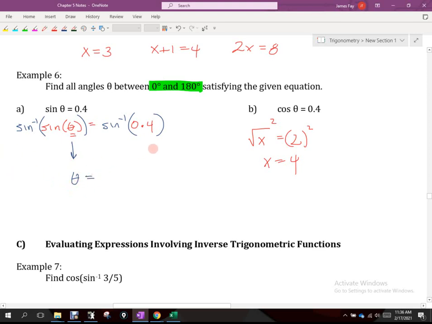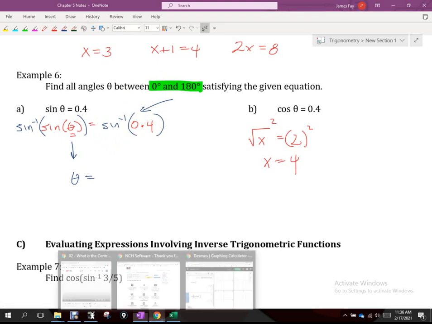Now, on the right-hand side, generally, if this is like 0.5 or radical 3/2 or something like that, we would be able to use our special right triangle to figure that out. But we don't know the sine inverse of 0.4, the ratio of the opposite side and the hypotenuse that gives us 0.4, what angle that is. So when this is a non-convenient number, we have to turn to our calculators. So I'm going to use Desmos.